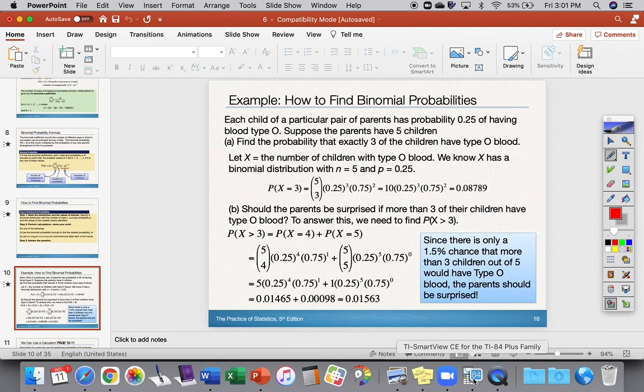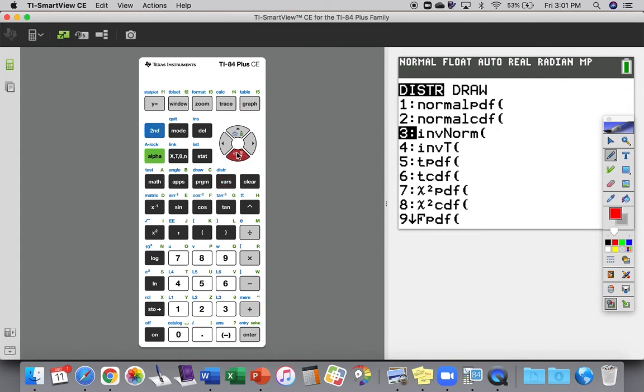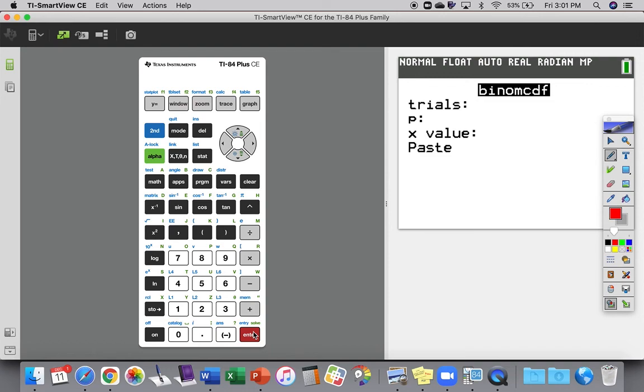Well, the calculator can do that as well, but we can use the binomial CDF function to get cumulative probabilities. But there's a small catch. Yes, there's still 5 trials. Yes, the p-value is still 0.25.